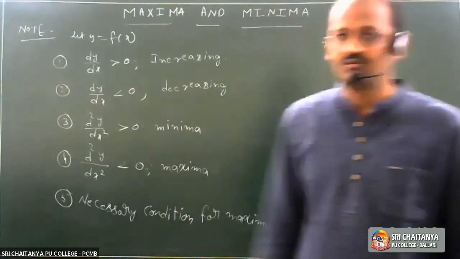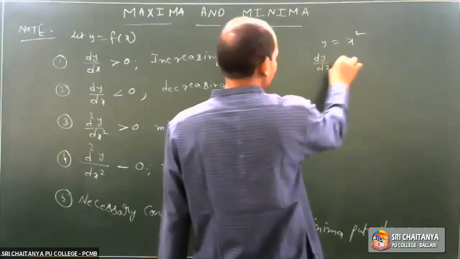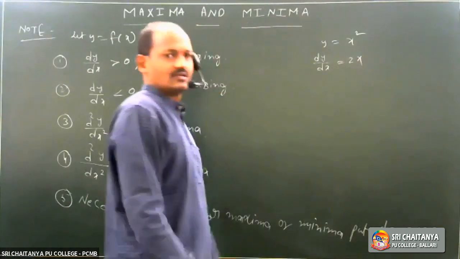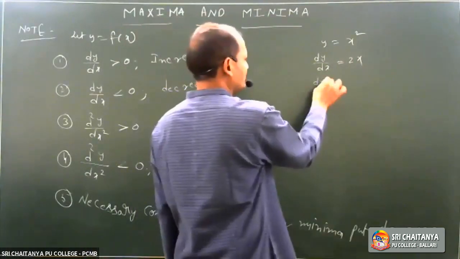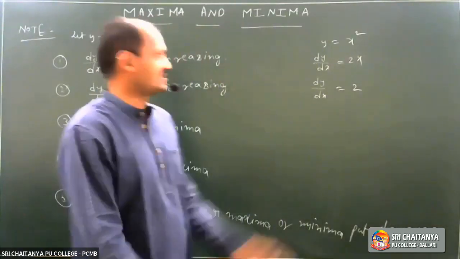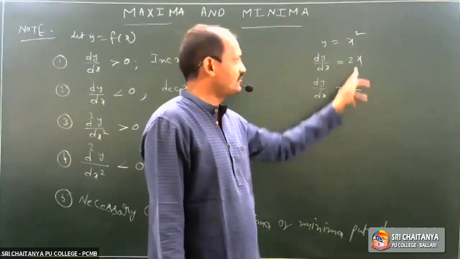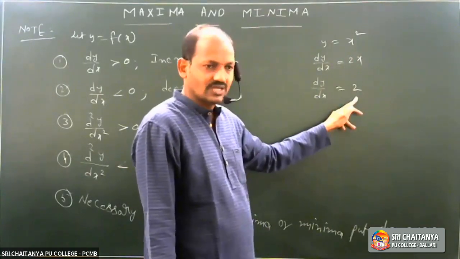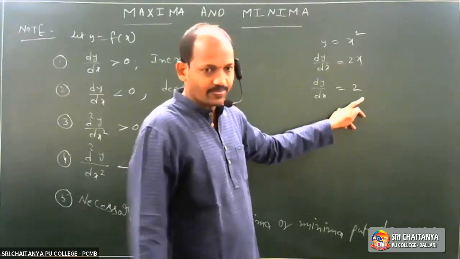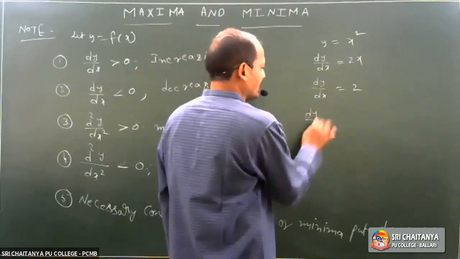So, the first derivative is 2x. What about the second derivative? It is 2. The derivative of x square is 2x. The second derivative of 2x is 2. So, second derivative positive means it has a minimum.